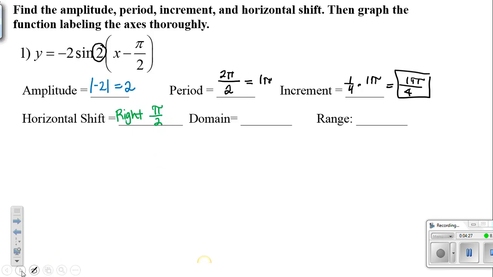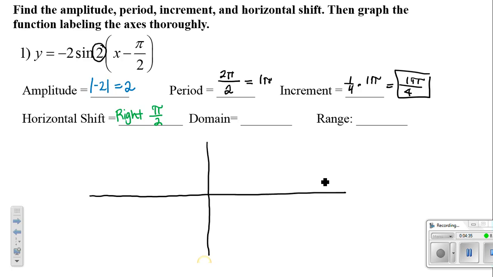All right, so now let's go ahead and graph our function. And remember, it's a right horizontal shift because opposite of subtracting would be adding. Okay, so we'd have to go right pi over 2. All right, so our midline is going to be 0 today because we're not going to be changing our vertical. That's tomorrow when we move it all together.